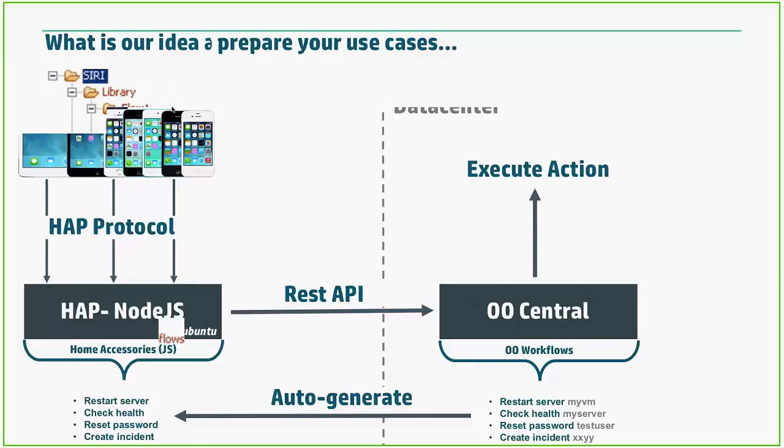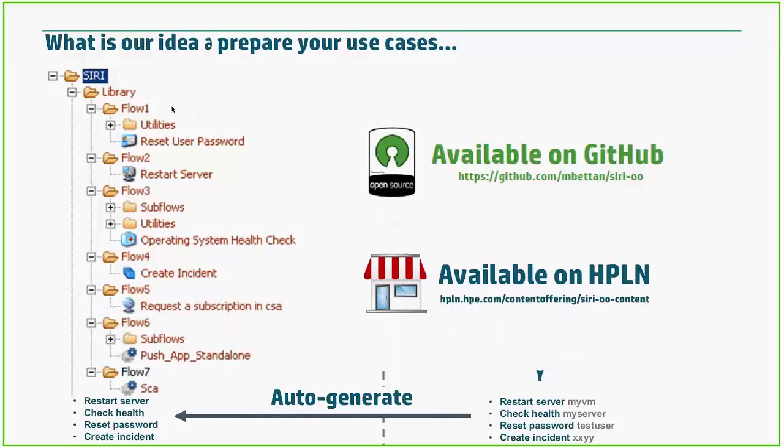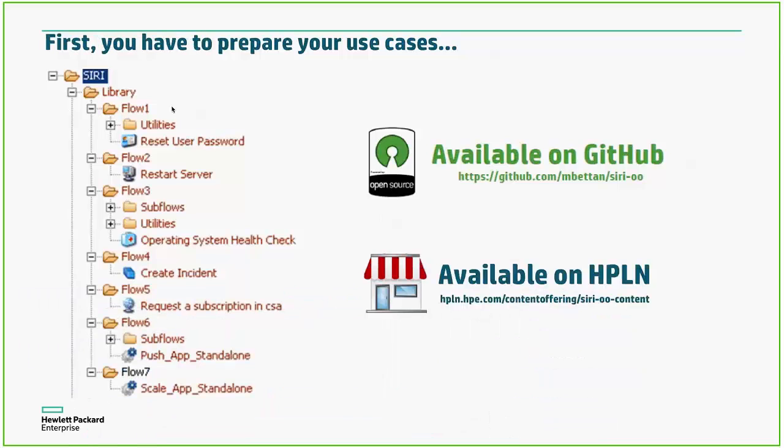All of them are available on GitHub and on HPLN. These use cases are reset user password, restart a server, check the health of an operating system, create incident, request a subscription in CSA, push application to Stackato Helion, and scale application from Helion Stackato.